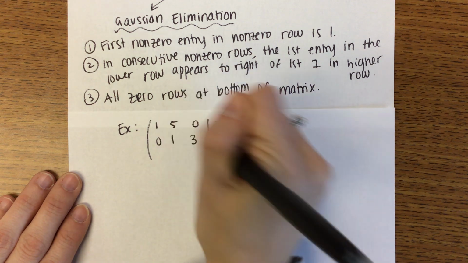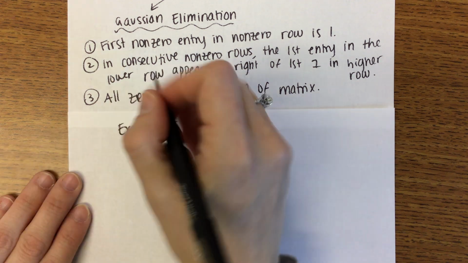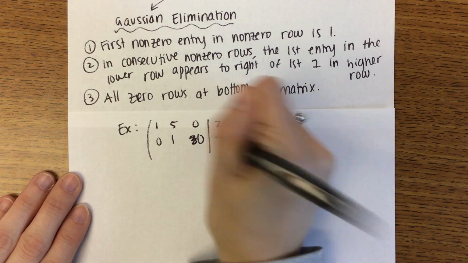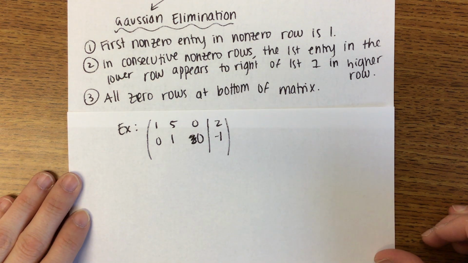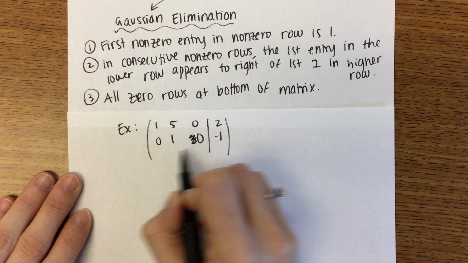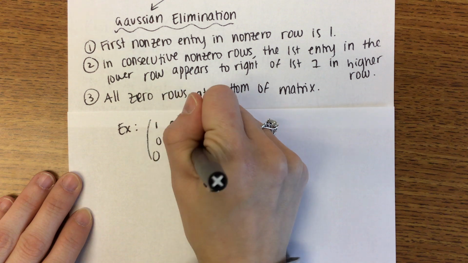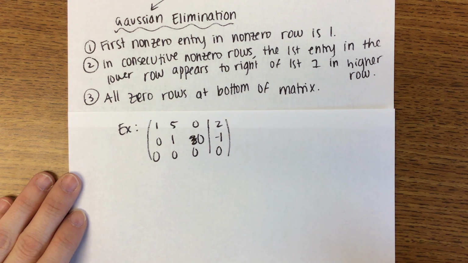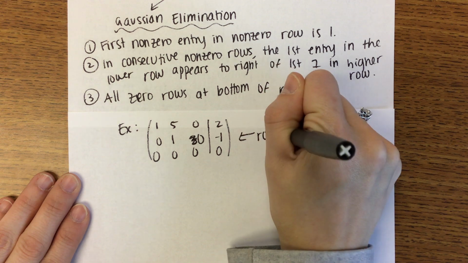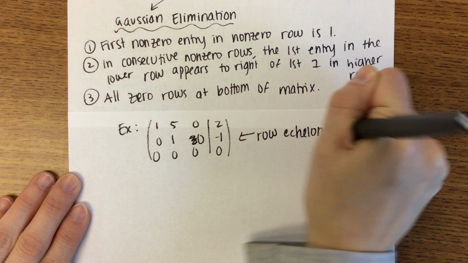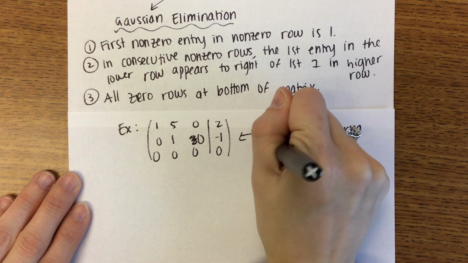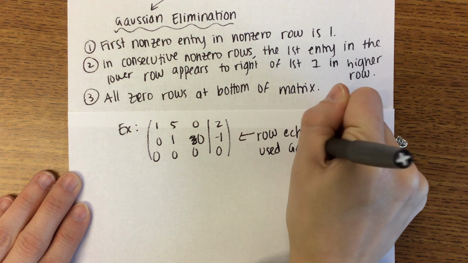So maybe it's a 3. No, let's make it a 0 also. And then it's augmented. The last row is either going to have a 1 here and some number, or it's going to be all zeros. So I'm just going to make it a 0 row. Okay, so this is called row echelon form. And you used Gaussian elimination to get it.